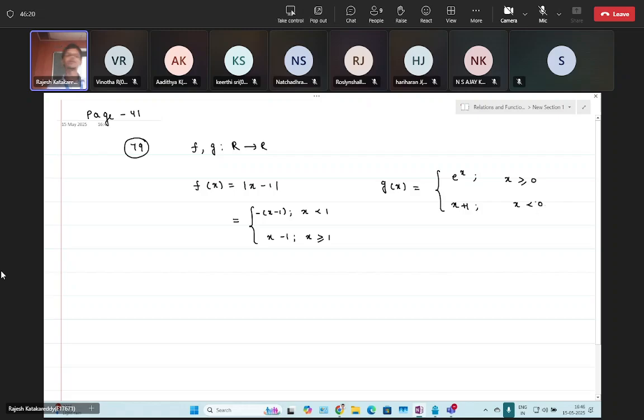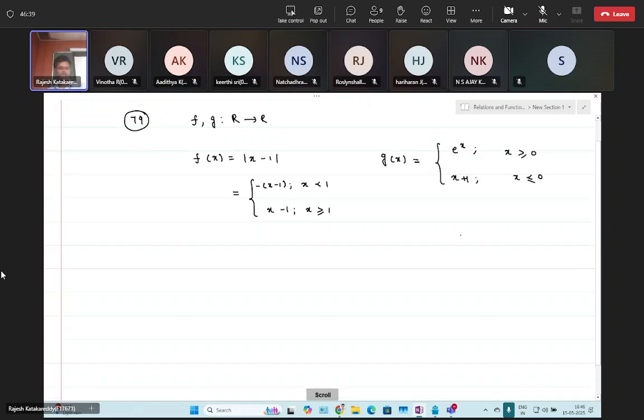You can remove equality from one case. It is not necessary to keep equality in both cases. Even if you keep equality in both, g of 0 is 1 only. You can check: in case 1, g of 0 is e to the power 0, which is 1. In case 2, g of 0 is 0 plus 1.